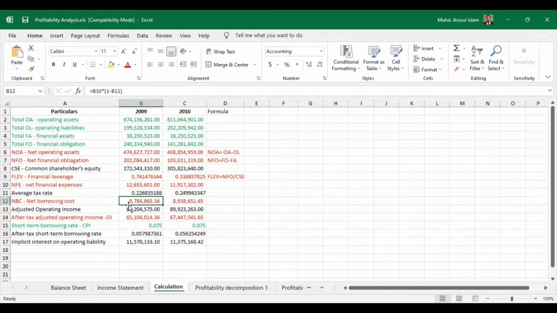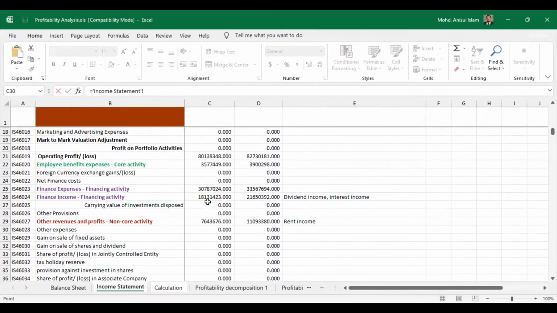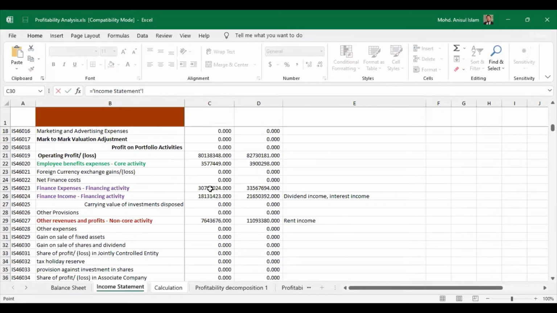The first question to you, we already have learned that this company has incurred how much finance expenses? This one. So it reflects the borrowing cost. Does it reflect the actual borrowing cost? The question to you. No, because we get some tax advantages.